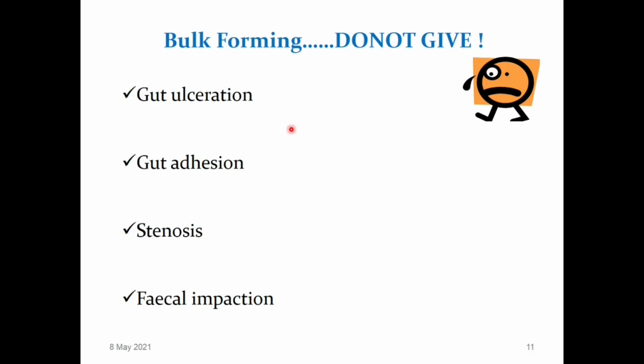In case there is any adhesion, even if we give a bulk forming agent, the patient won't be able to defecate because there is already a traffic jam in the GIT. Cars can't pass. So that's the problem. First, we have to treat the adhesion. We have to open up the road. Then we can do the other management.